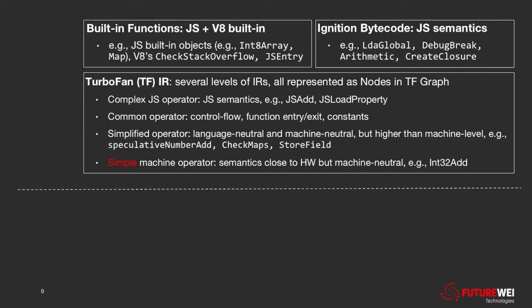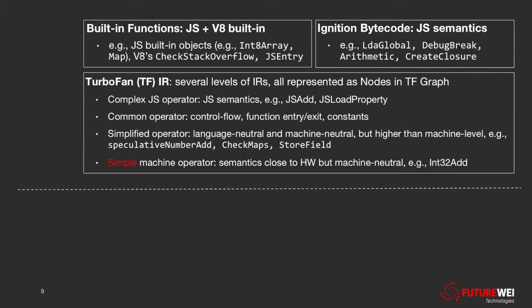In fact, TurboFan supports several levels of IRs. The highest level is closer to the JS semantics, so it's called complex JS operator. It's called operator in their terminology, and they are gradually lowered to the very low level called the simple machine operator. These operators are very close to machine semantics.